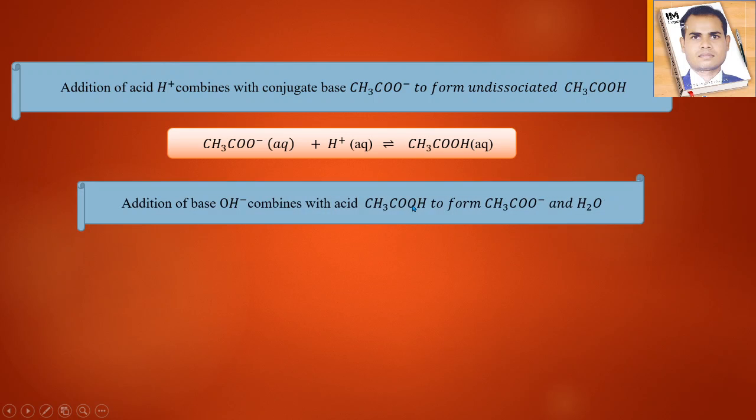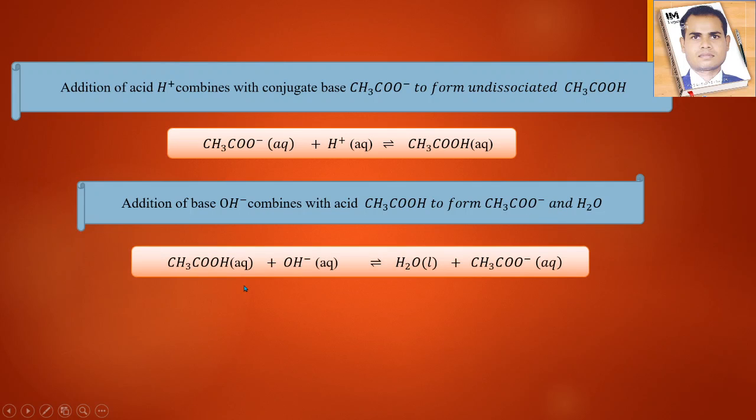If you add a base to the acetic acid, it forms CH3COO minus and water. You will see the reaction: acetic acid plus the addition of the base forms water in liquid form and CH3COO minus.